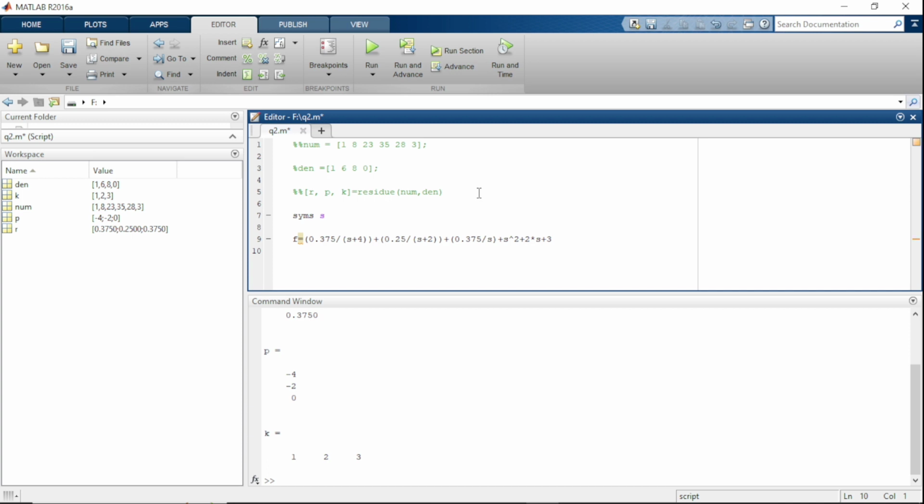Then write the command, that is ilaplace of function f.